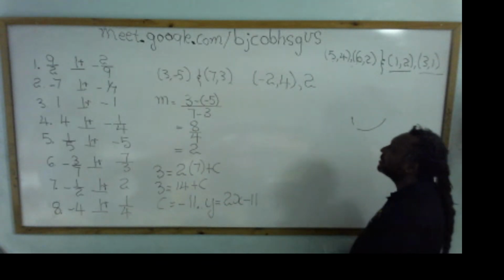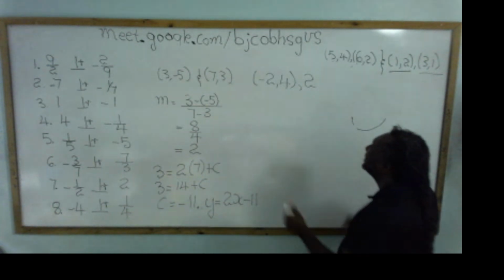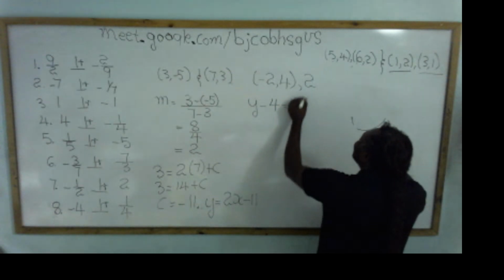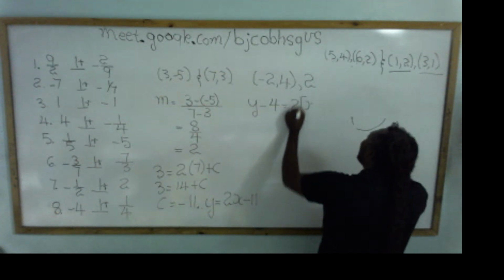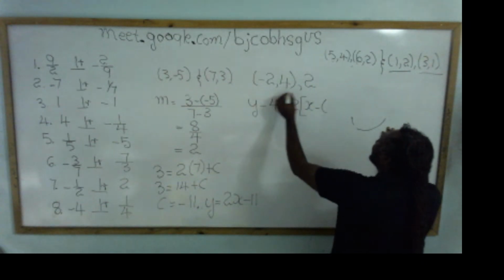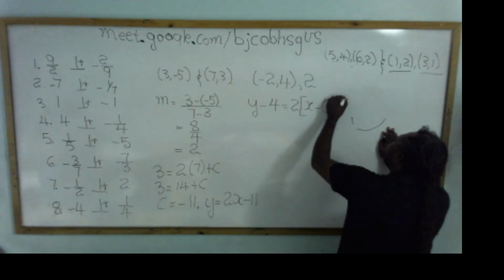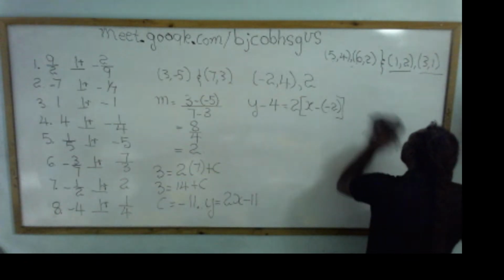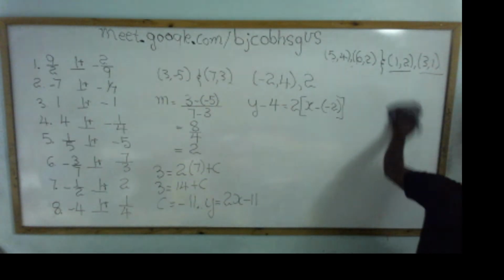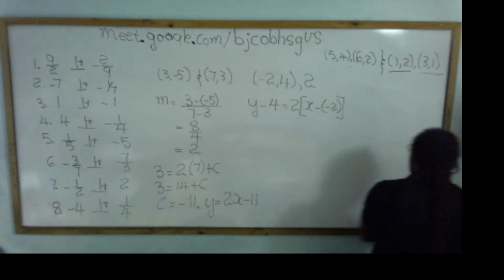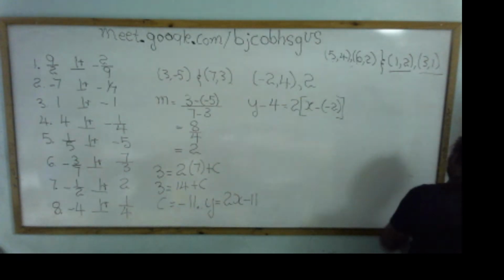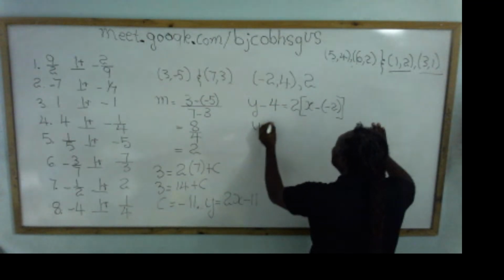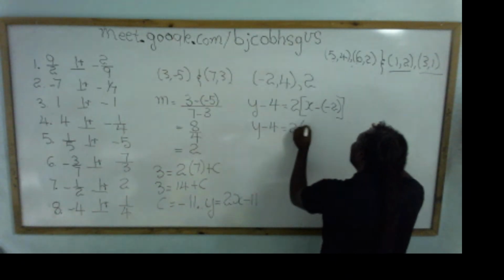So we may go straight ahead. This time I'm going to use y minus the value of y is equal to gradient times x minus the value of x. So what do we say? y minus 4 is equal to 2 times x plus 2.